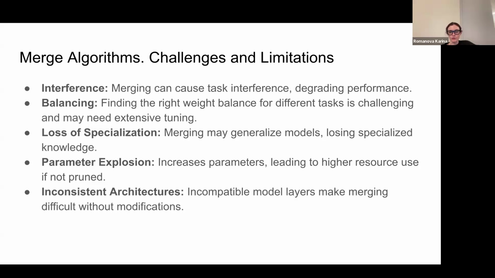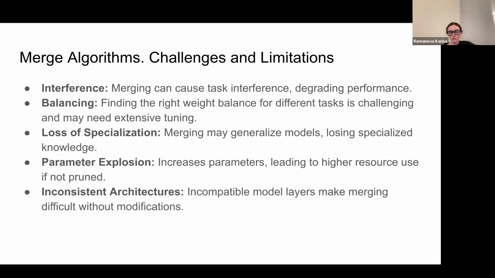In the process of merging, the unique strengths of individual models may be diluted, resulting in merged models that lack the specialized capabilities of their predecessors. Integration complexity between models with different architectures or training paradigms can be high and may require sophisticated alignment techniques.